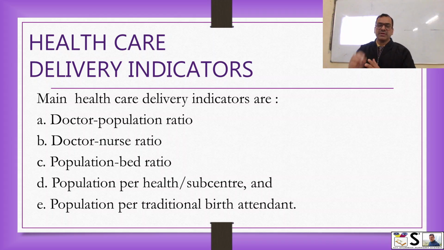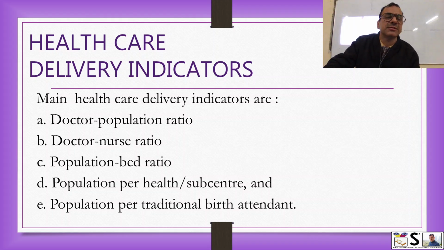And the population per traditional birth attendant. Okay, so how many birth attendants are there? DAIs or ASHA or trained birth attendants or ANMs, how many are available in the community, this also shows the healthcare delivery indicators. Okay, so here you can just write the names, it is sufficient.